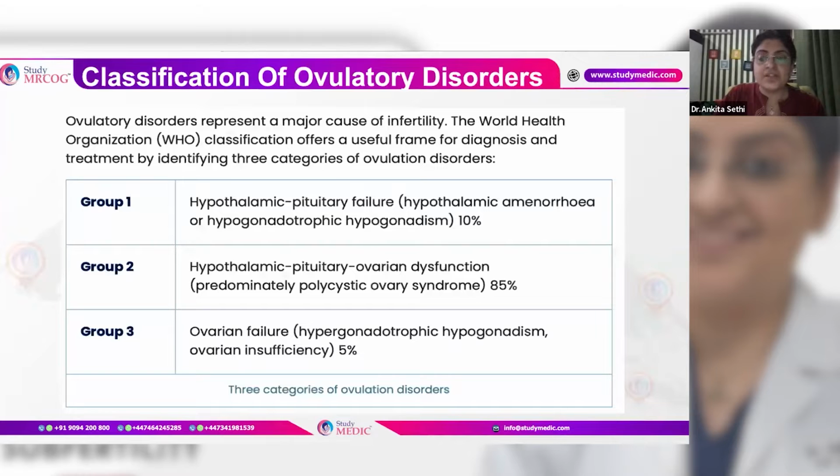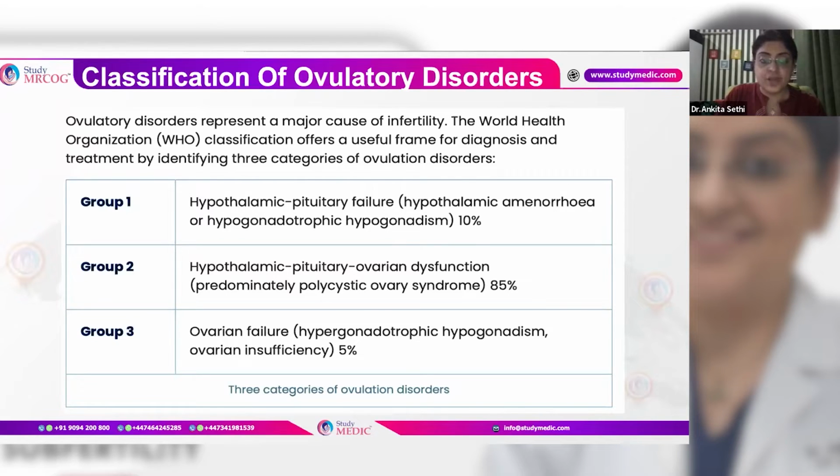So what's the classification of ovulatory disorders? Ovulatory disorders represent a major cause of infertility. The World Health Organization classification offers a useful frame for diagnosis and treatment by identifying 3 categories of ovulation disorders. Group 1 is hypothalamic pituitary failure, which is hypothalamic amenorrhea, or hypogonadotropic hypogonadism, which accounts for 10%.